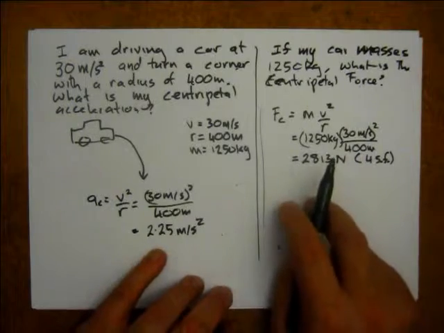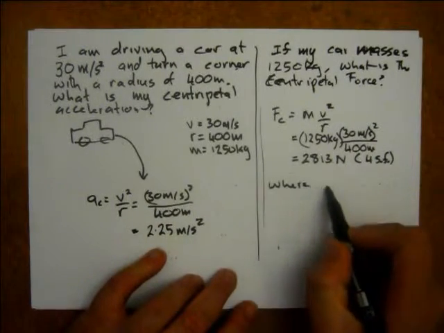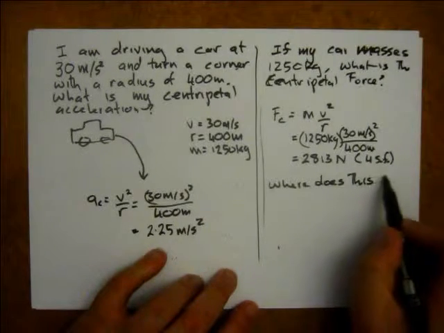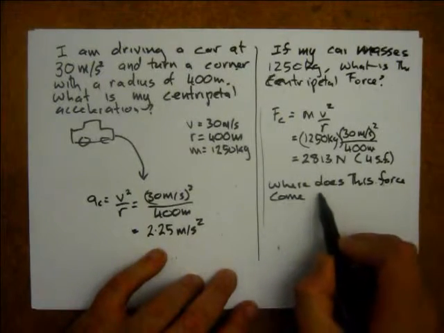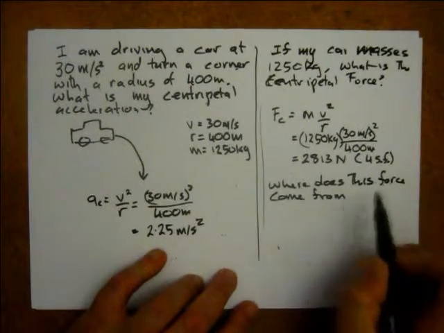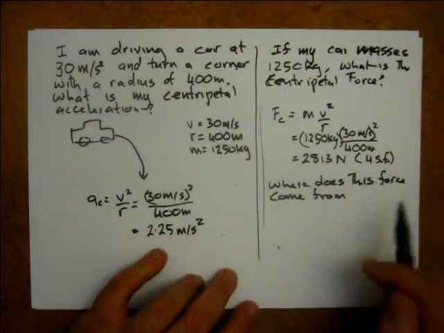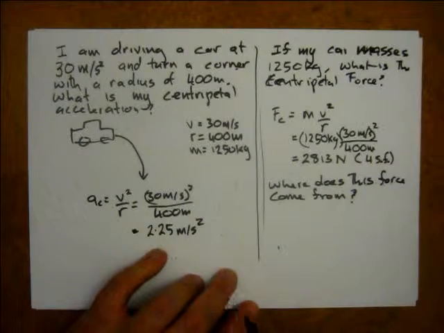Okay, so last question. Where does this force come from? Something must supply this force. We call it the centripetal force, but that just means the force is acting towards the center.